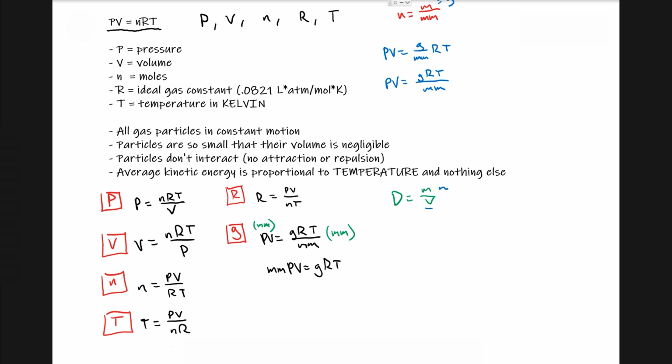Now all we have to do is divide both sides by RT. And we've done it. Now we can say that the grams are equal to the molar mass PV over RT. That is how we can extract the mass out of the equation.